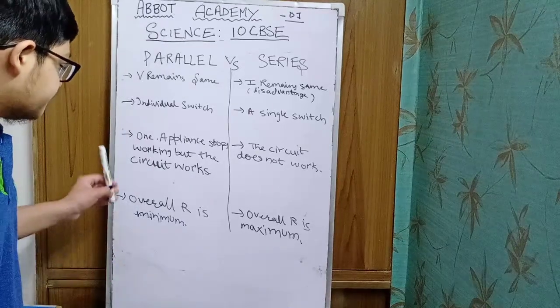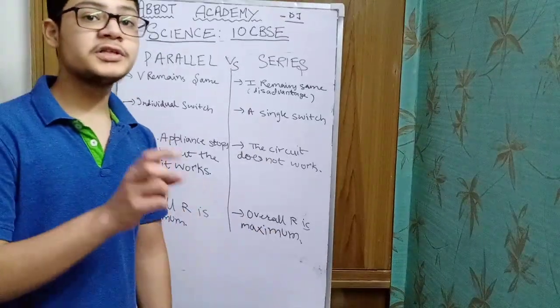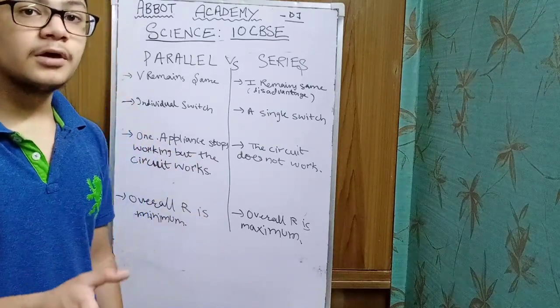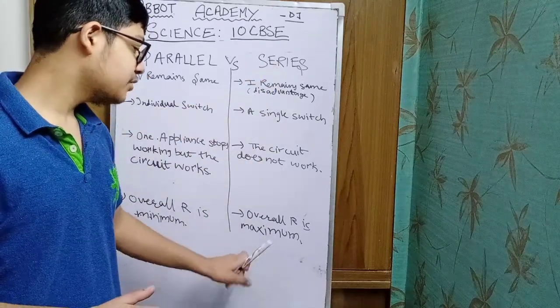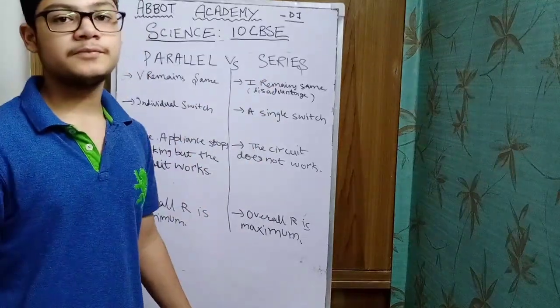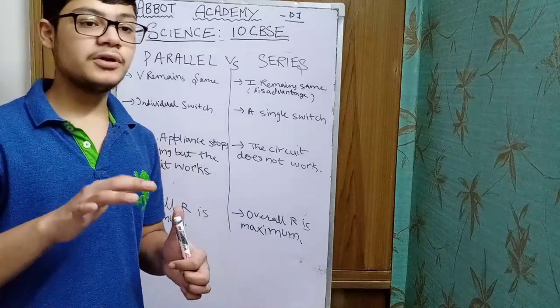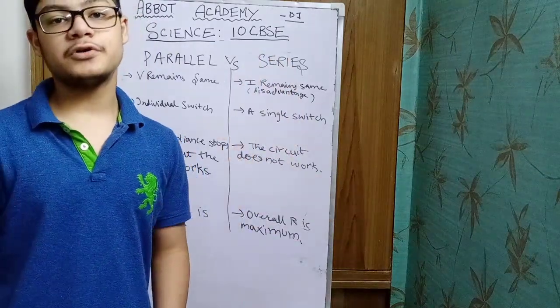Now, in parallel, as we discussed earlier, the overall resistance is extremely small or minimum, whereas in series arrangement the overall resistance is maximum. This lowers the current, because resistance is inversely proportional to current.